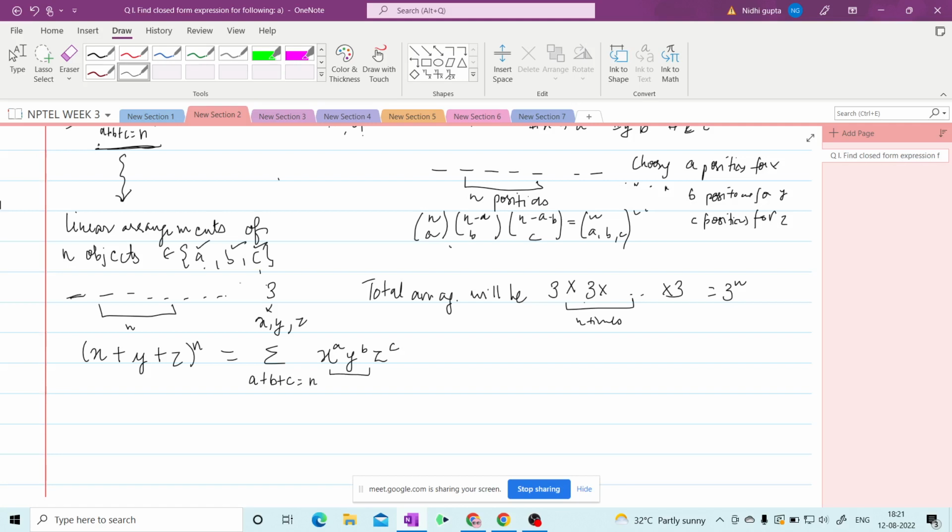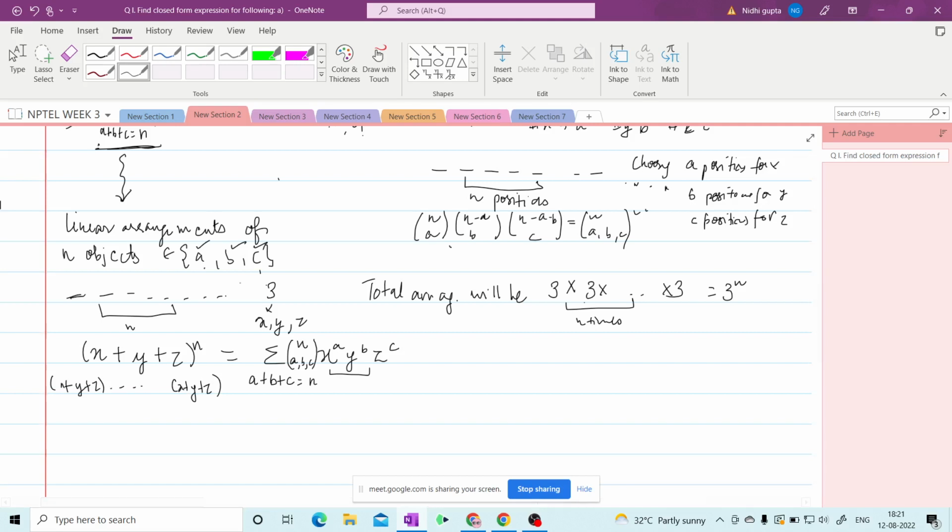But what will be the coefficient? The coefficient will be exactly n choose a, b, c. This is because when we are opening this, we have this term x plus y plus z happening n times.